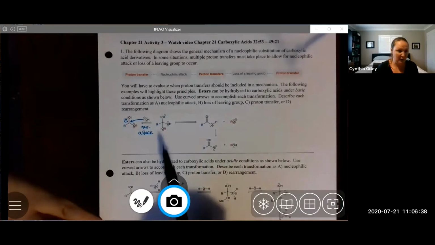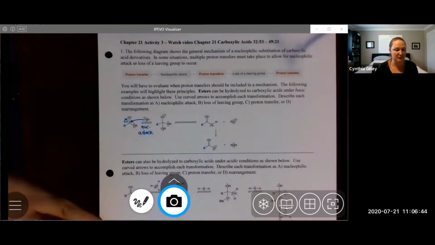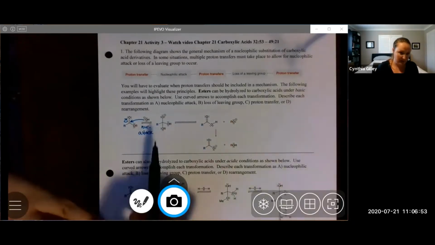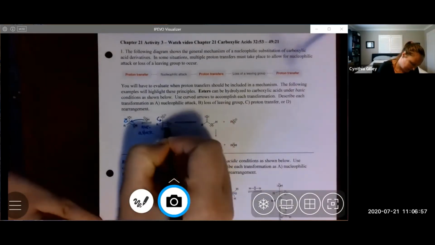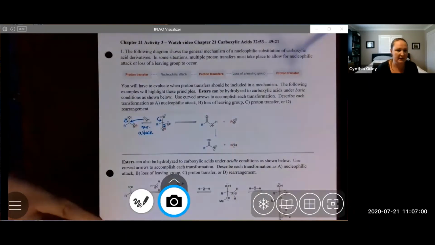They're basically equivalent in terms of leaving group. The hydroxide and the alkoxide have about the same ability as a leaving group, so it doesn't really matter which one you kick out. You either kick out hydroxide and go back, or kick out an alkoxide and go this direction. So we're going to kick out the alkoxide and see what happens, right?